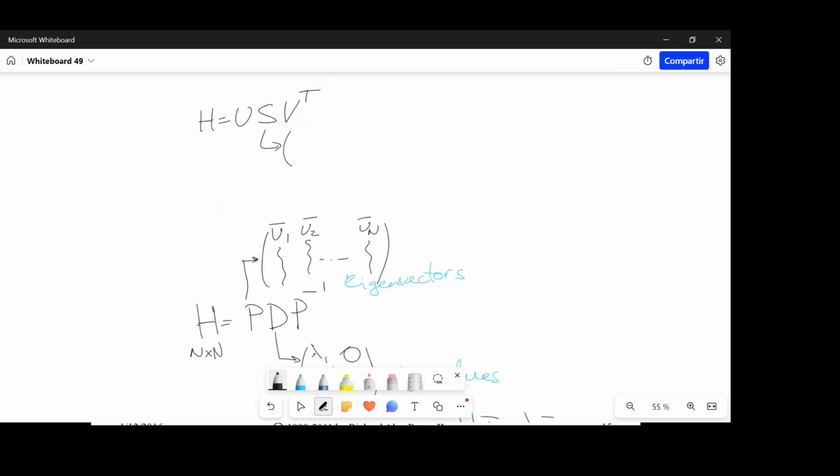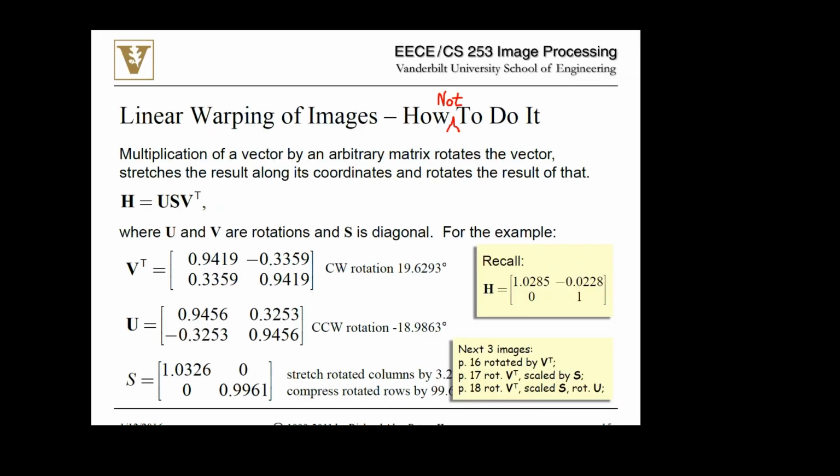And S is again diagonal, and it can have zeros. For some of these, I get singular values of 0. And this is for non-square matrices. Okay, non-square and square matrices. So for both, we can decompose our matrix in an SVD.